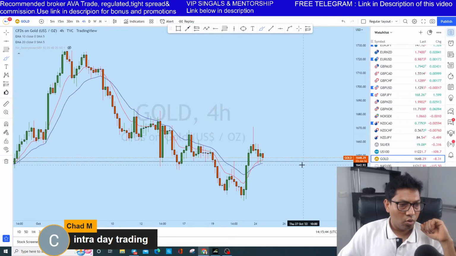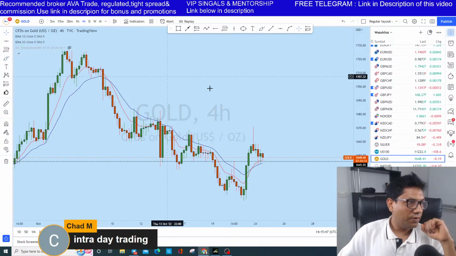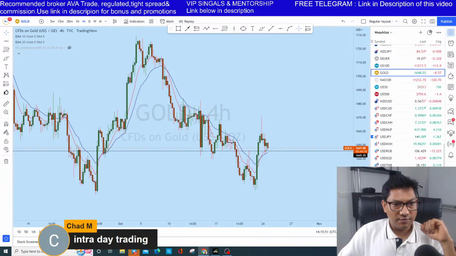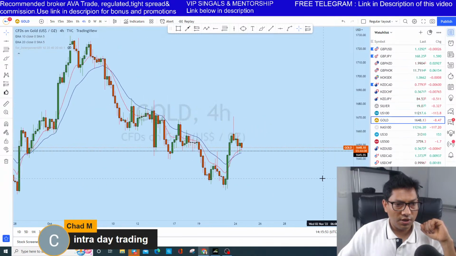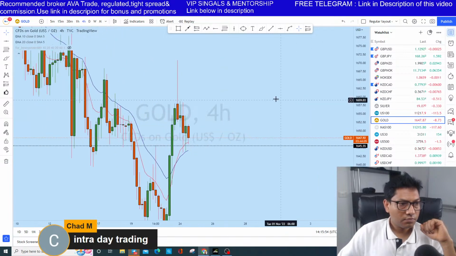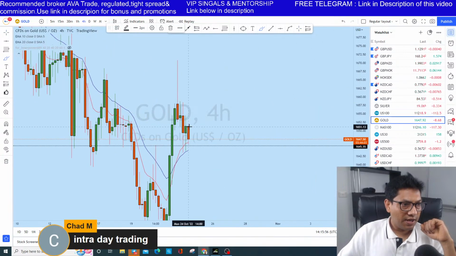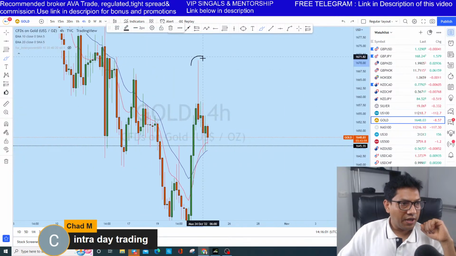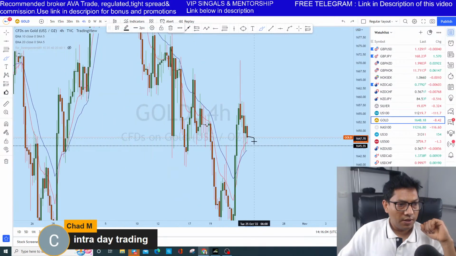So guys, you see that gold is almost moving sideways. What I think gold is going to do is move like that. If it is a fake move to the upside, which is a probability, then we might see it slowly continue to drop again.